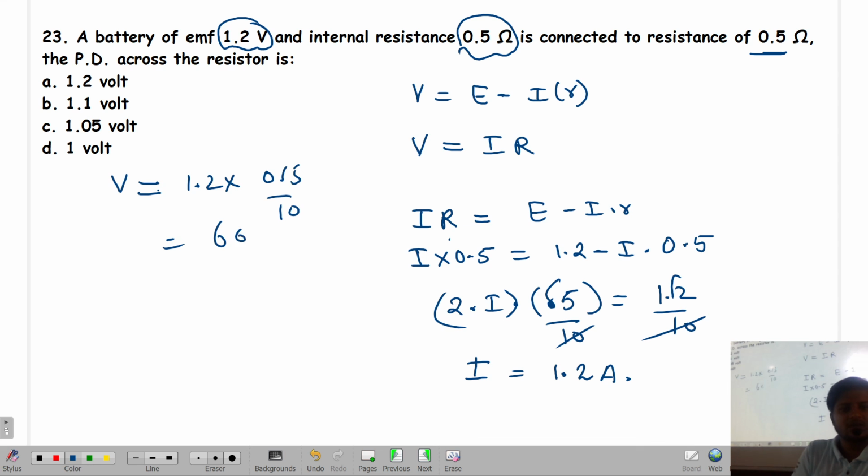12 into 5 is 60. 60 by 10. Hey, I'm getting 6 volt. Is there any kind of mistake anywhere?